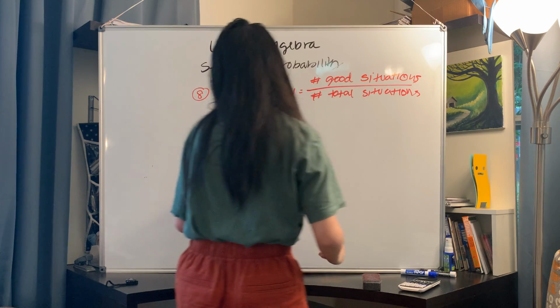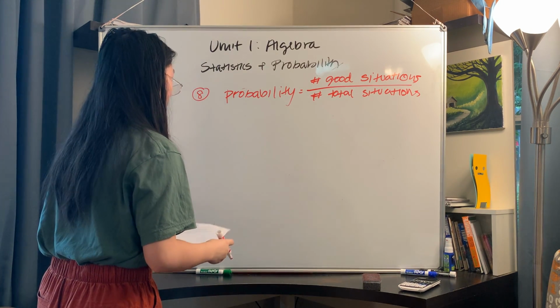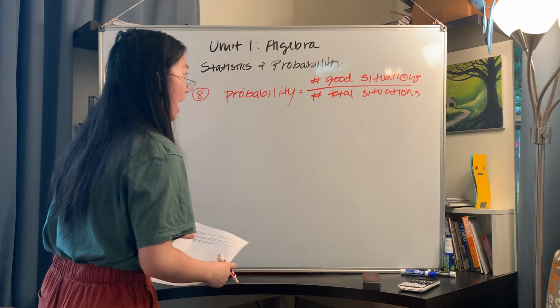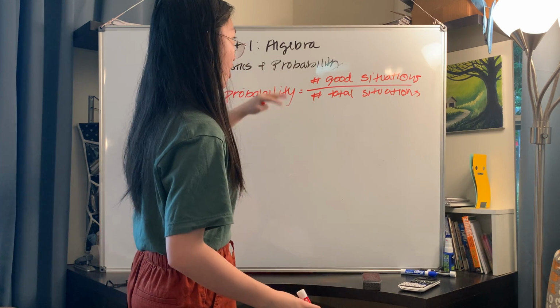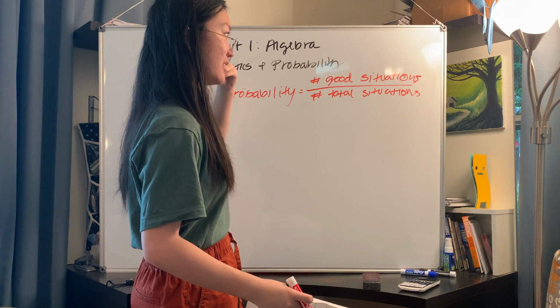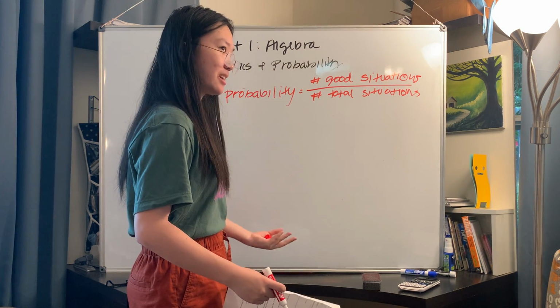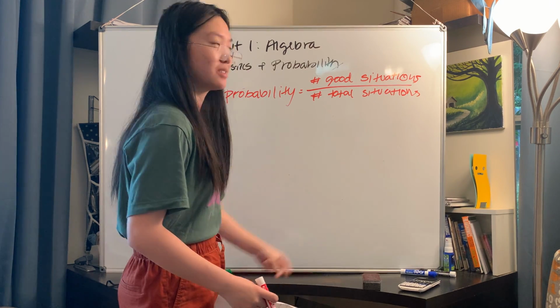So in this problem, if Sophia randomly chooses a 4-digit number, we can figure out how many of those numbers have distinct digits, and then we can figure out the total number of 4-digit numbers.